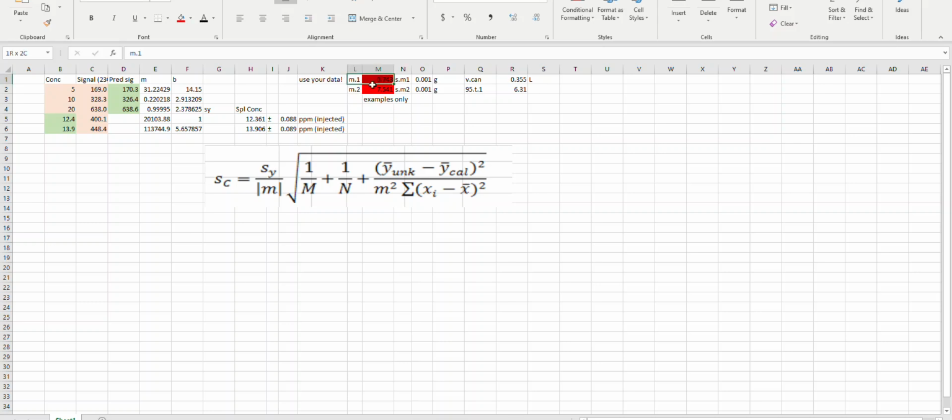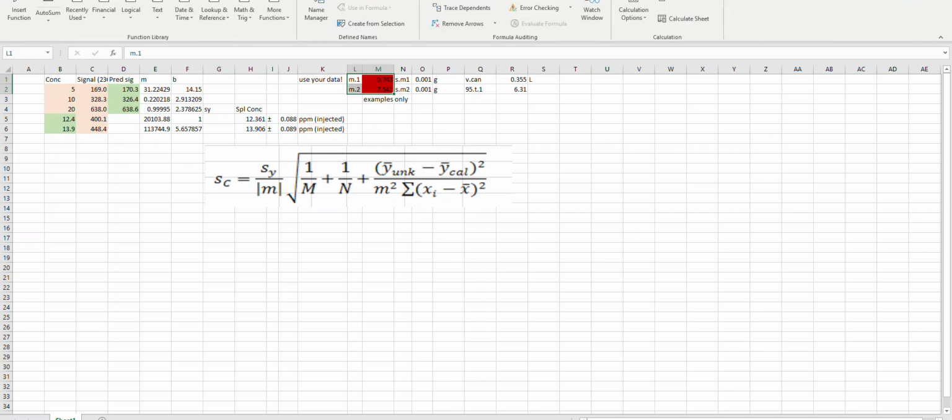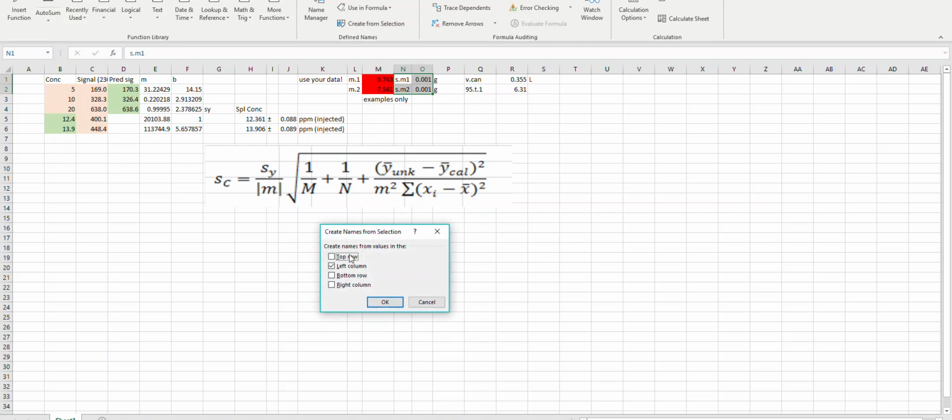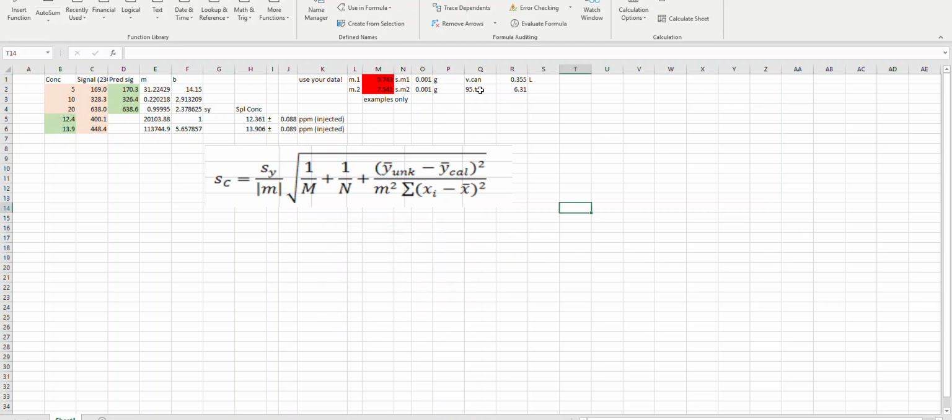I've got to name these cells here because we're probably going to use them over again. So formulas, create from selection, left column, it found them, yay. The same thing here, create from selection, left column, yay. Let's see, 95T1, V can, SM2, SM1, M2, M1. Oops, sorry, I was looking at the wrong values.